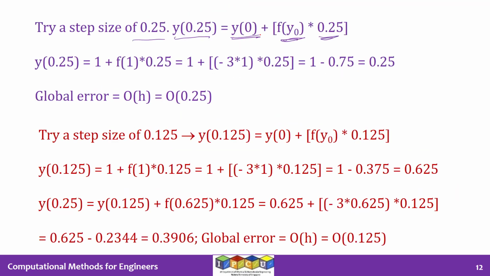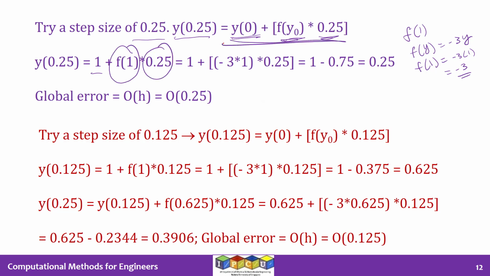The value of y naught is given to be 1. f of y naught is going to be f of 1, and f of y is minus 3y, therefore f of 1 is going to be minus 3 times 1, which is equal to minus 3. So f of 1 is minus 3 and h is 0.25. I've just substituted the numbers that correspond to this formula.